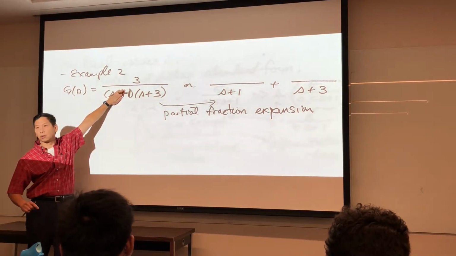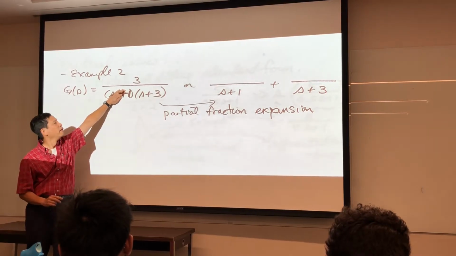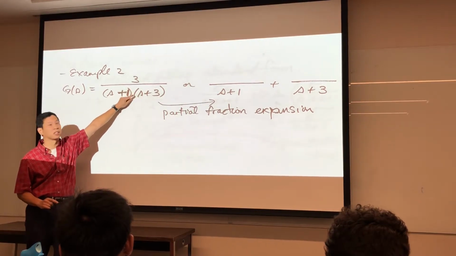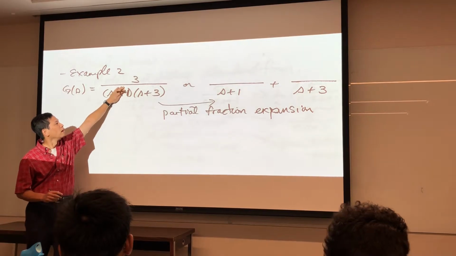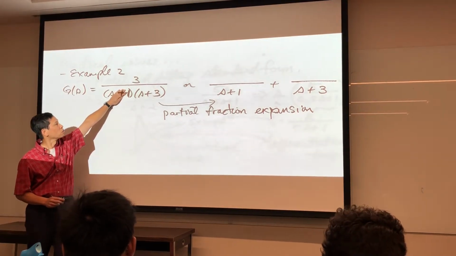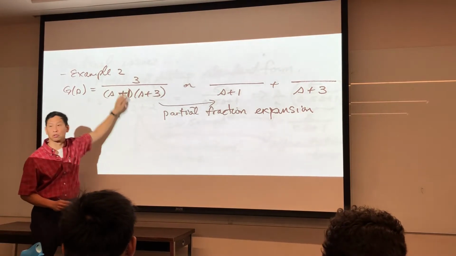And then I let s equal minus 1. When I put in s equal to minus 1, I get 3, and this is hard. I have to talk and write at the same time, and I have to do a harder operation, it's called division. So it's 3 over minus 2, no, 3 over plus 2, so it's 3 halves.